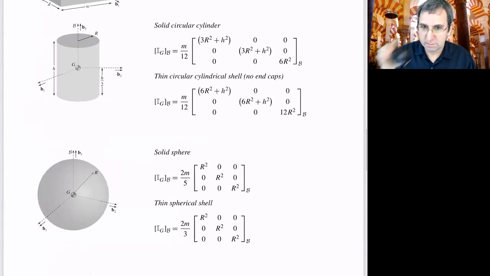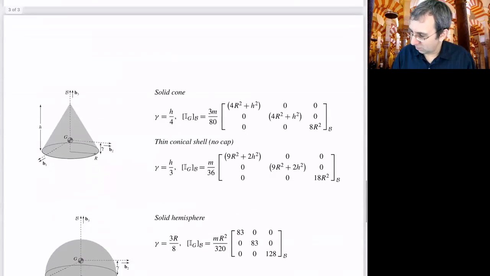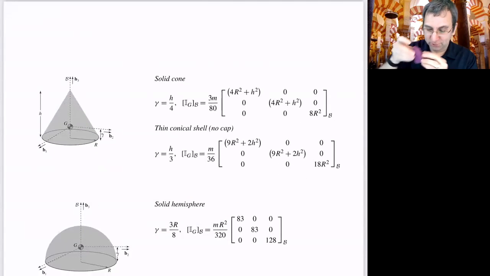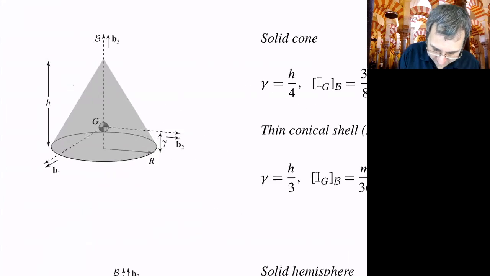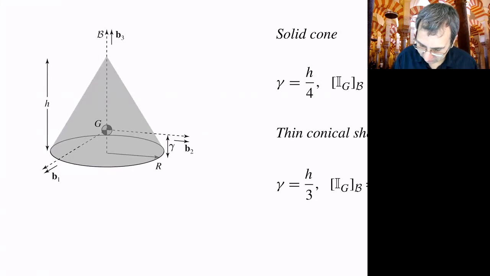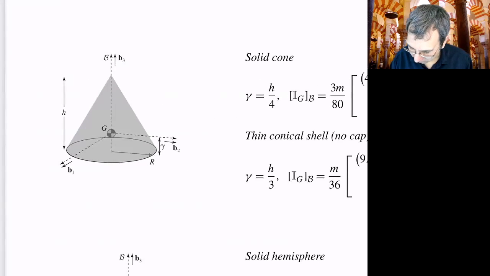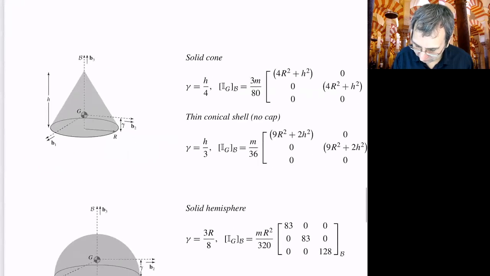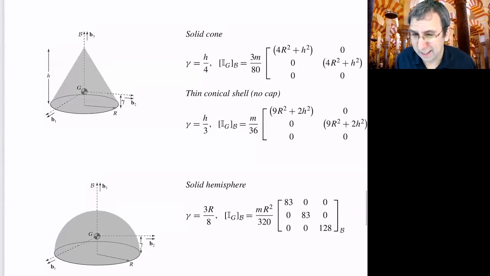Solid sphere, a solid cone. Oh, check it out. Cone. So where is the center of mass? Well, maybe we'll calculate it. It says it's something over 4, whatever. And then you have a thin conical shell with no cap. I think that means an ice cream cone.